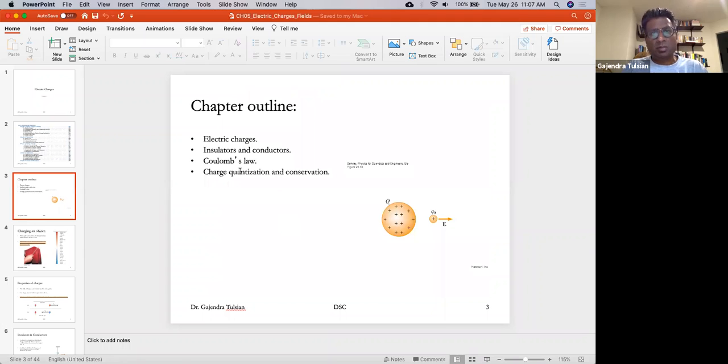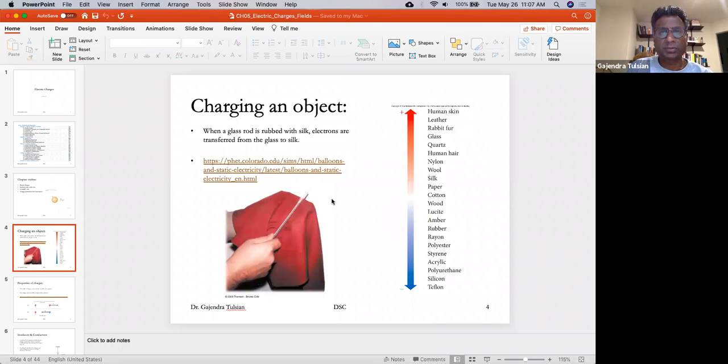So we'll talk about electric charges, insulators and conductors, Coulomb's law, and charge conservation. Here's a graph that shows you various materials. All atoms and molecules are neutral.